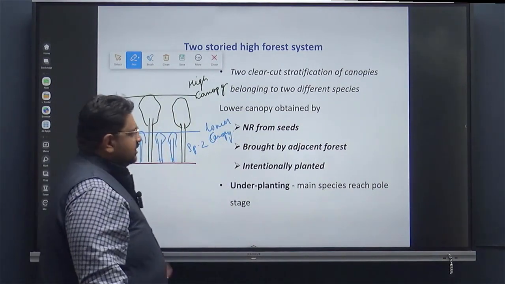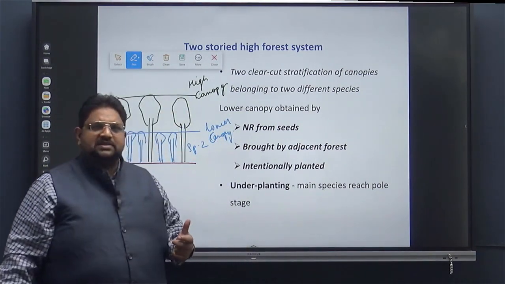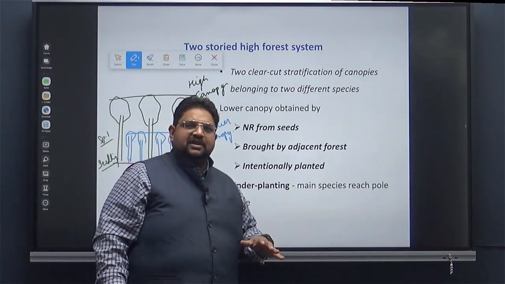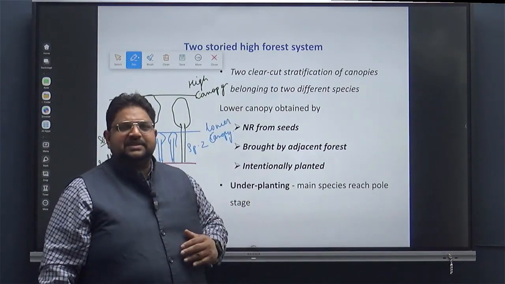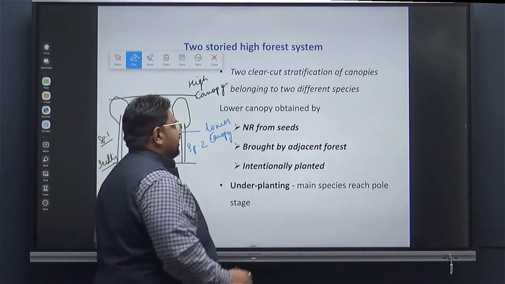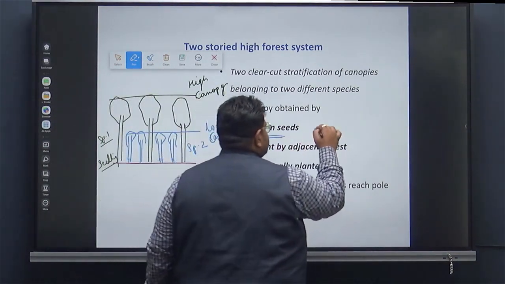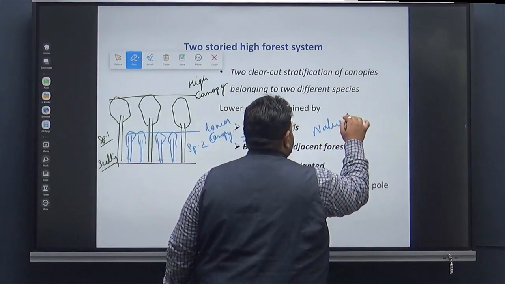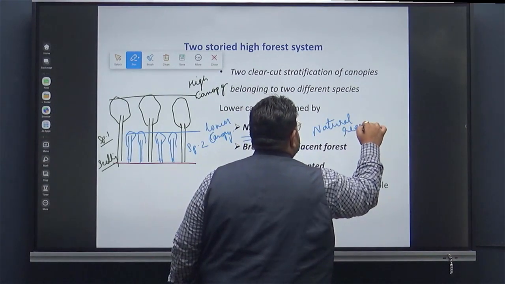Basically, the lower canopy plants, which come after the first species reaches a certain height, are obtained from natural regeneration.